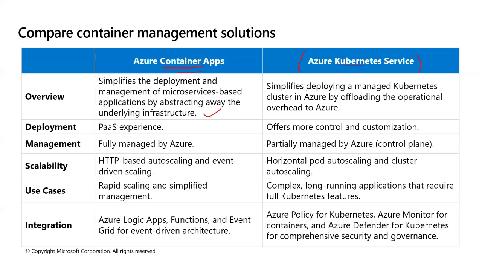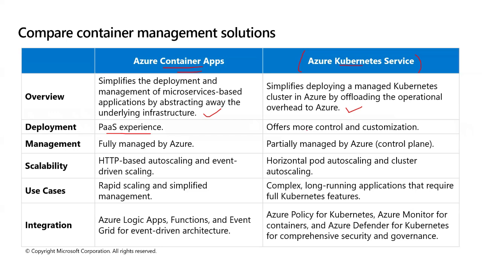But with Kubernetes, you deploy a managed Kubernetes cluster in Azure, which has operational overhead. That means in Azure it's a serverless architecture. You don't need to manage your node, that means the primary master node. The master node is controlled by Microsoft either way, but the cluster node will be maintained by us, right?